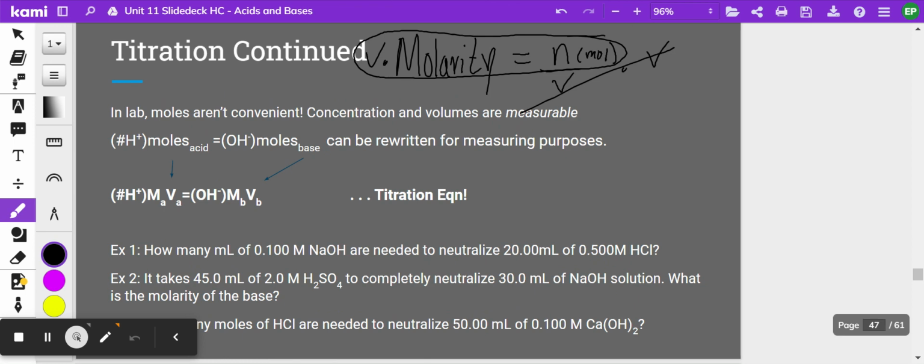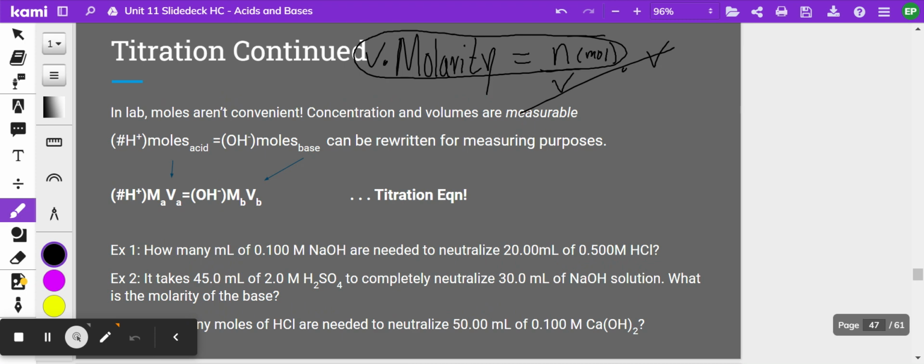This equation might look similar to you from our solutions unit where we did dilutions. Remember the idea that M1V1 is equal to M2V2, or if you learned McVc is equal to MdVd. So the same idea applies to titration.